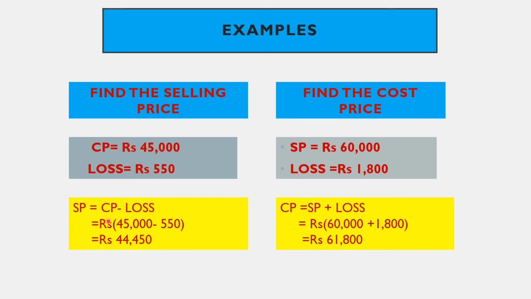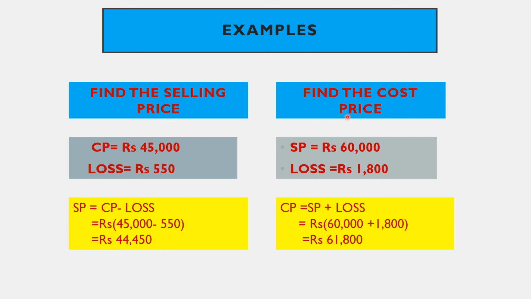So cost price minus loss is selling price. So rupees 45,000 minus rupees 550. So you get rupees 44,450 as the answer. So the selling price comes out to be 44,450.